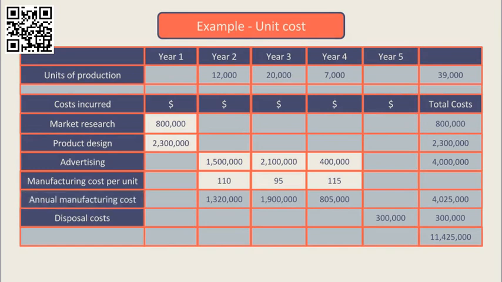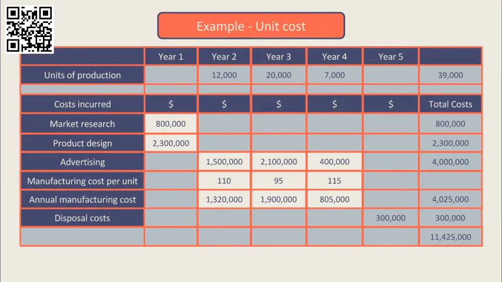Note that the annual manufacturing costs need to be calculated. In year 2, for example, manufacturing costs total 1.32 million, being 12,000 units of production multiplied by a unit cost of $110. Similarly, manufacturing costs total 1.9 million in year 3 and 805,000 in year 4.